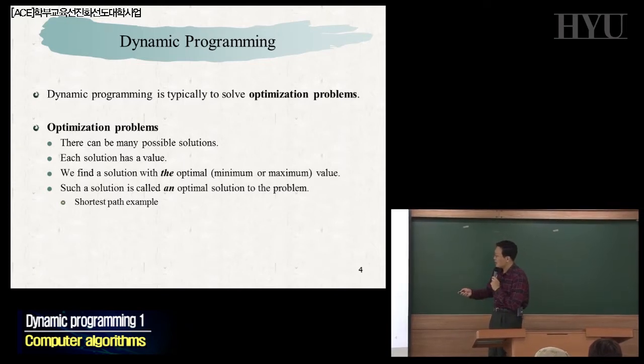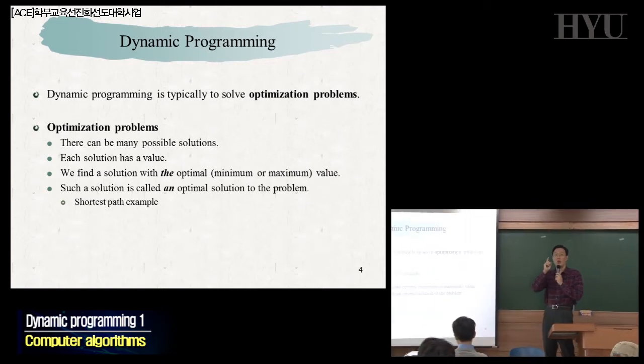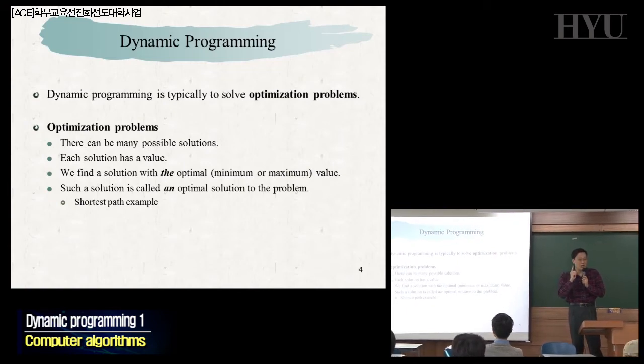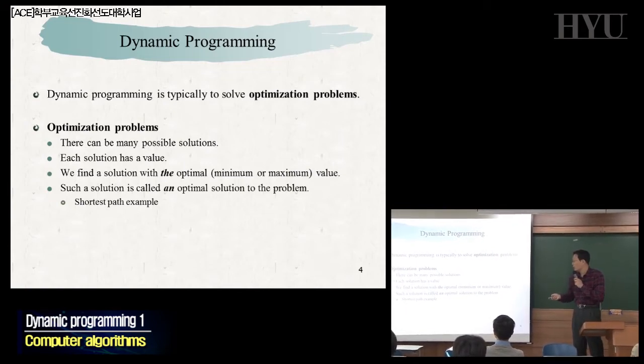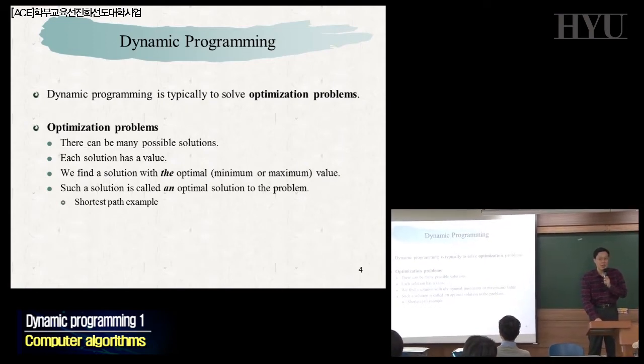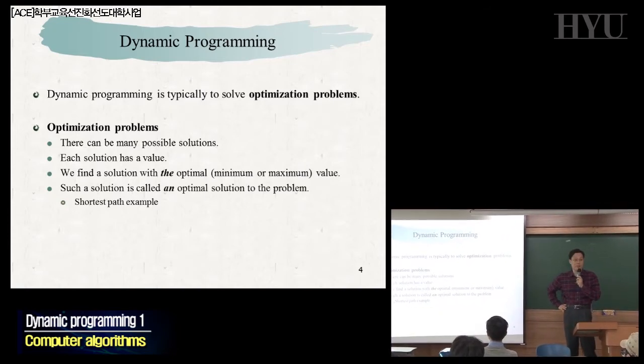Look at these articles. There is only one optimal value, so it is called the optimal value. But there can be many optimal solutions with that value. So we say an optimal solution.